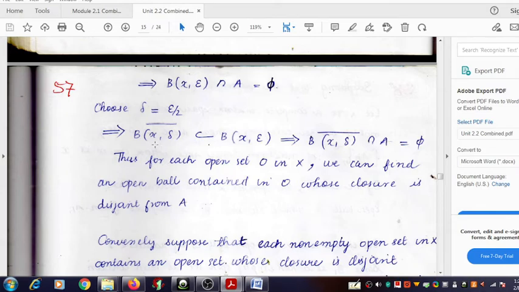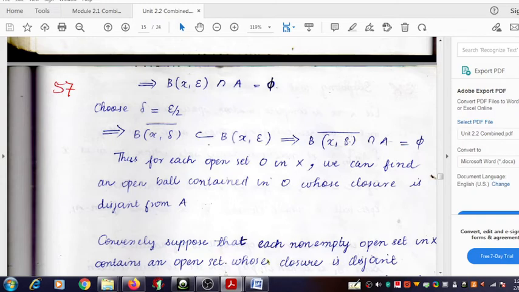That open ball is the second open ball chosen here, B(x, delta), taken from B(x, epsilon), and there exists an open ball B(x, delta) which is contained in O. It is contained in O because B(x, delta) is contained in B(x, epsilon), and B(x, epsilon) is a subset of O. But its closure, the closure of B(x, delta), is a subset of that set, therefore it is disjoint from A.